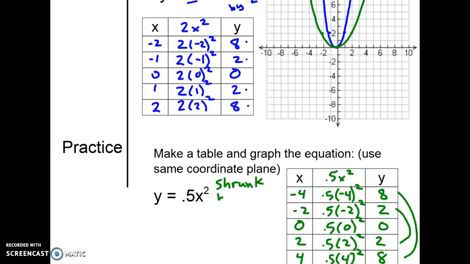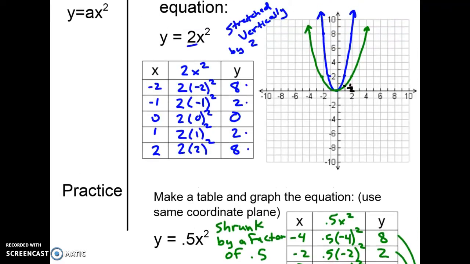We shrunk by a factor of 0.5. Now it's half as tall as our parent function. Okay, so if you were to get technical about it, really, if we went up 1, this would be 1/2 right there, if you wanted to think of it like that.